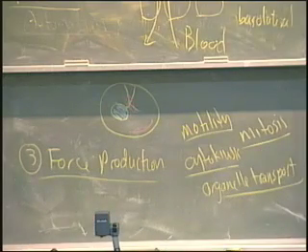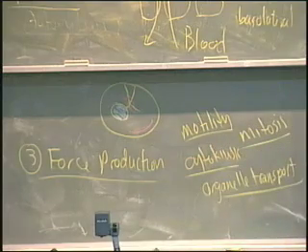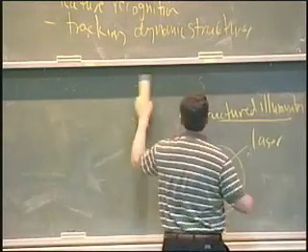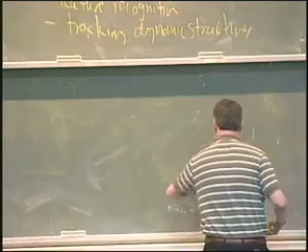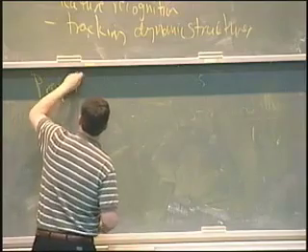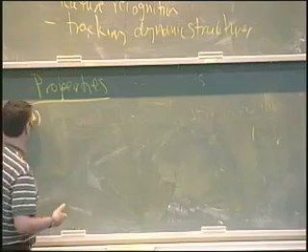So for the cytoskeleton to have these functions, it has to have sort of dual properties, and they seem kind of contradictory. So in a general sense, the cytoskeleton first must be rigid.